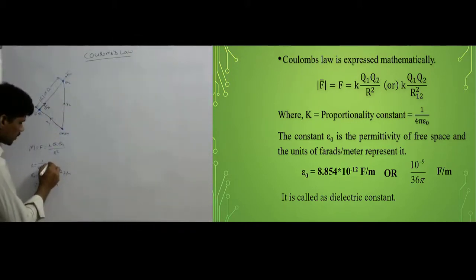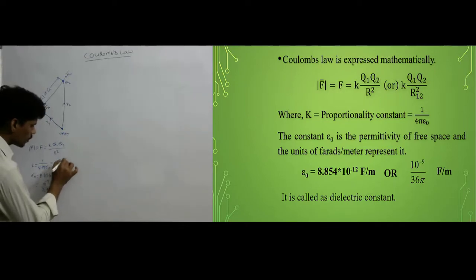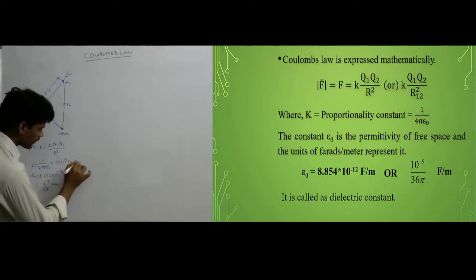The proportionality constant K is equal to 9 into 10 to the power of 9 meter per farad.